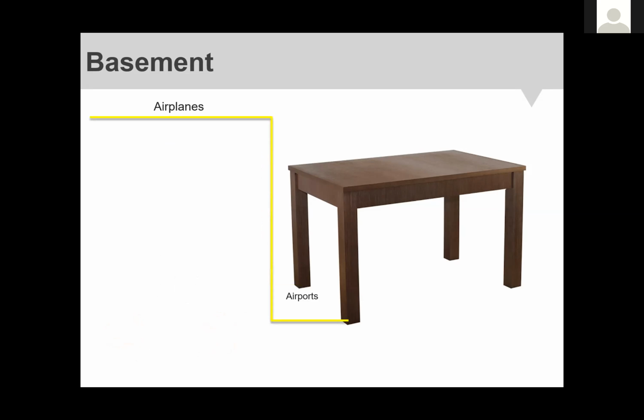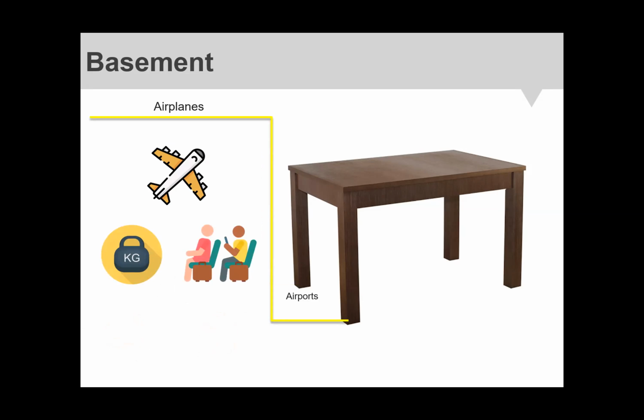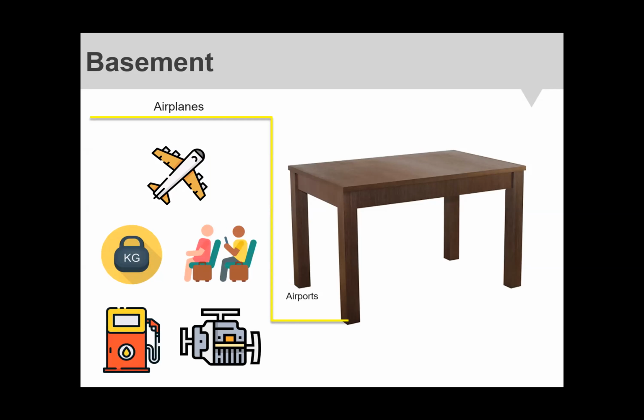The second one is airplanes. Each airplane has some characteristics like weight, number of passengers, fuel, engine, and the distance this airplane can fly.